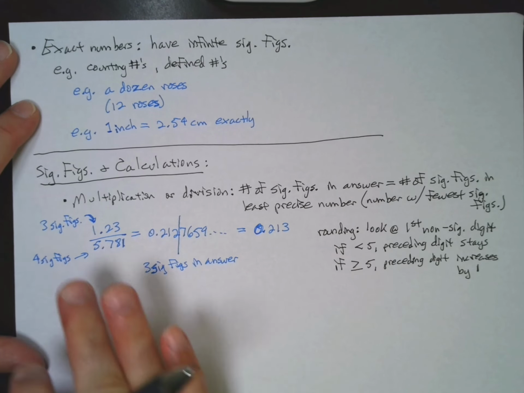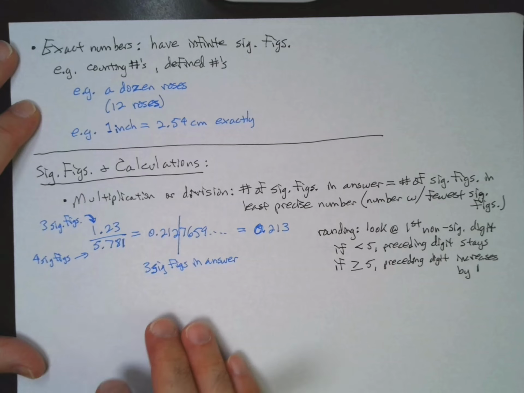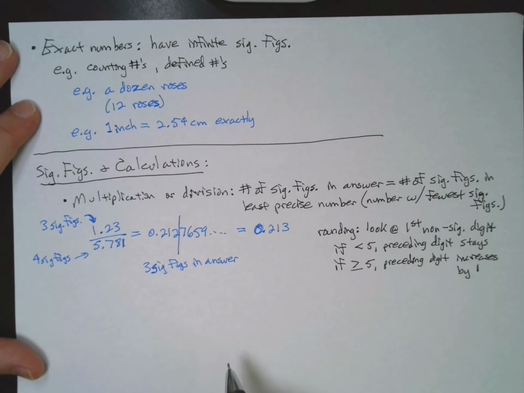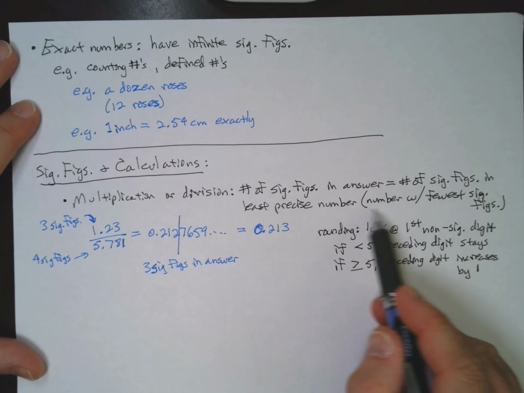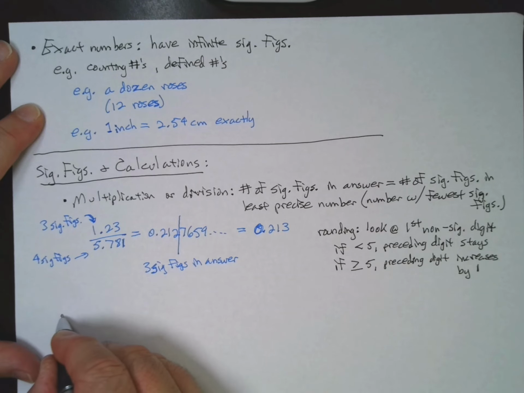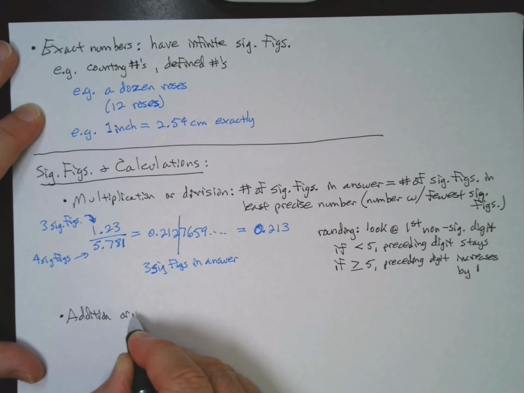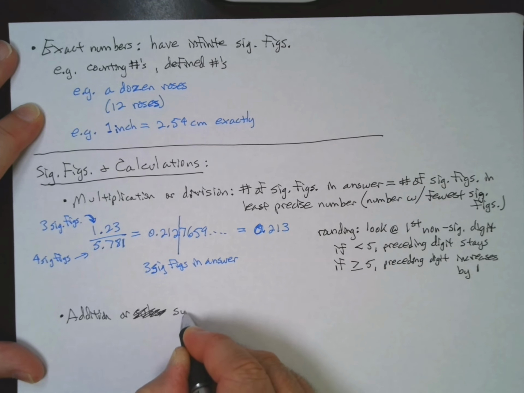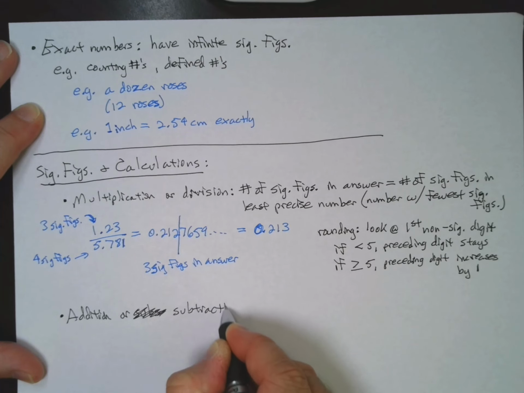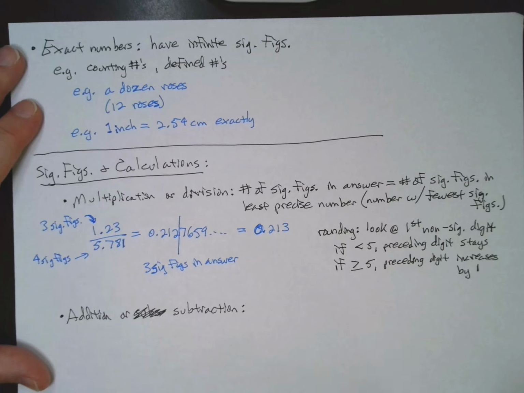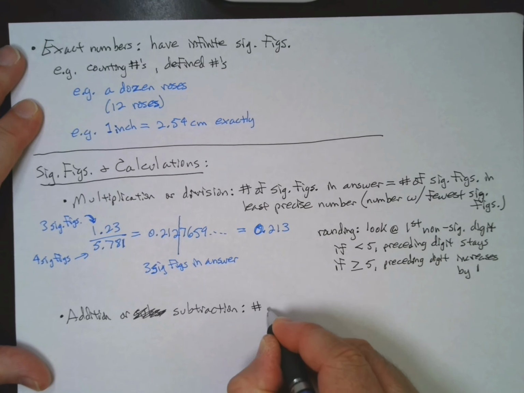All right, so that was multiplication and division. The number of sig figs in the answer is equal to the number of sig figs in the number that had the fewest sig figs. For addition and subtraction, if I can spell right, it's not significant figures, it's the number of decimal places.